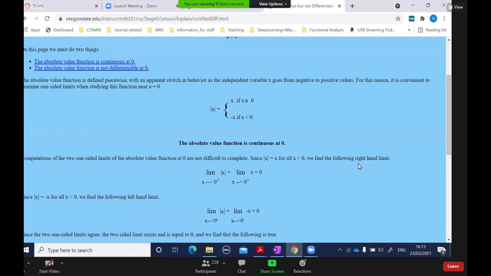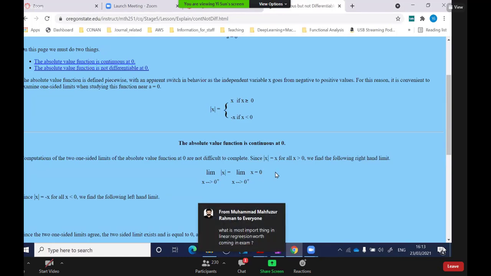When the right-hand limit and the left-hand limit are equal, then the function is continuous. In this example for the absolute value, this is a continuous function because the left-hand limit and the right-hand limit are both equal to 0. So this is continuous. However, by definition, how do we calculate the derivative?